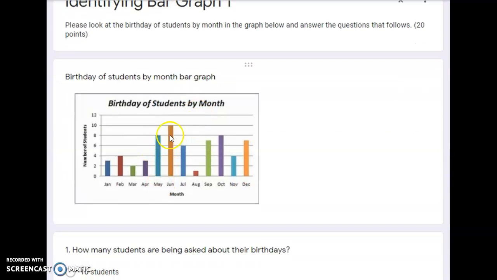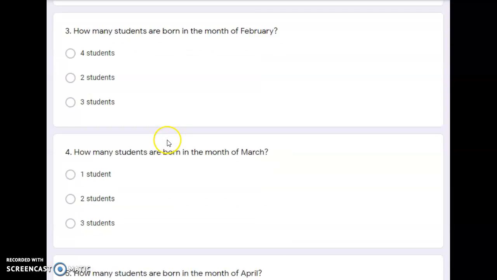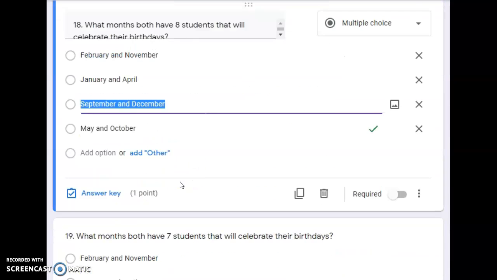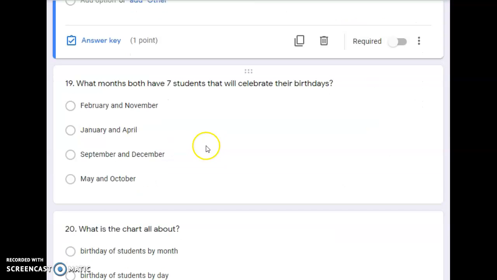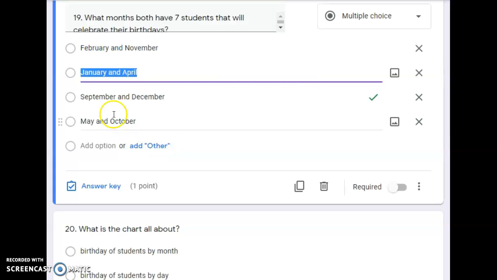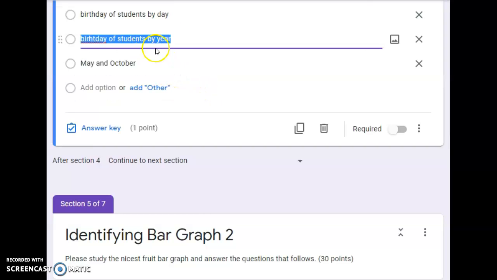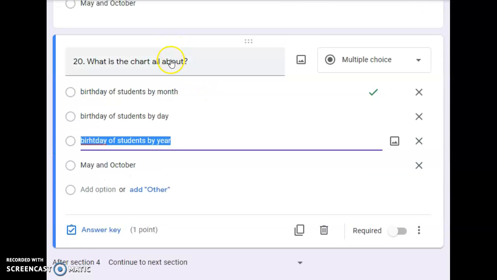It's the month of May and October. Okay, what month both have 7 that will celebrate the birthday? It's the month of September and October. The chart is all about birthday of the students by month.